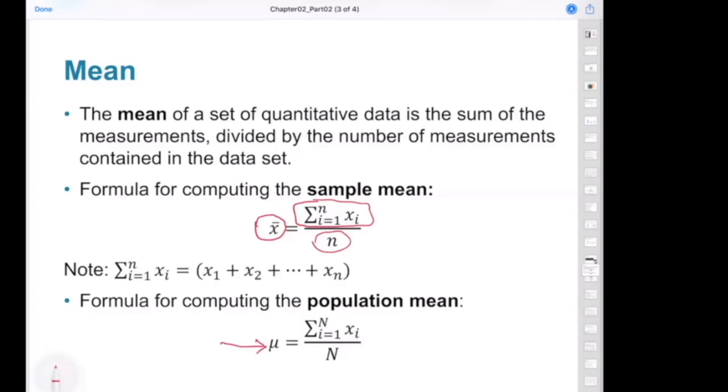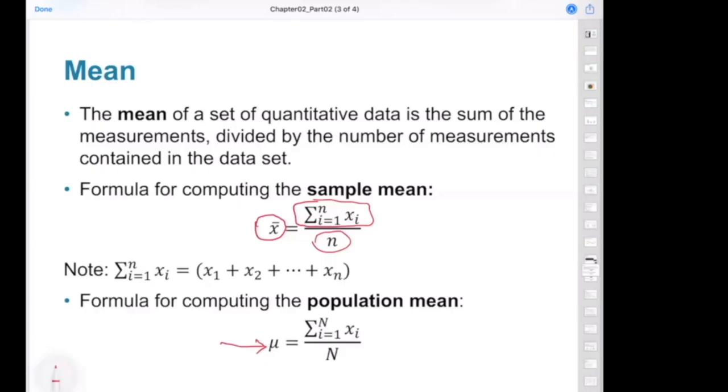It's not a statistic in this case, it's a parameter, okay? And again, we call it mu, okay? And as you can see, it's the same equation like x bar. It's the sum of x, which means we will find the sum of all measurements divided by the number of data in the entire population, as you can see here.